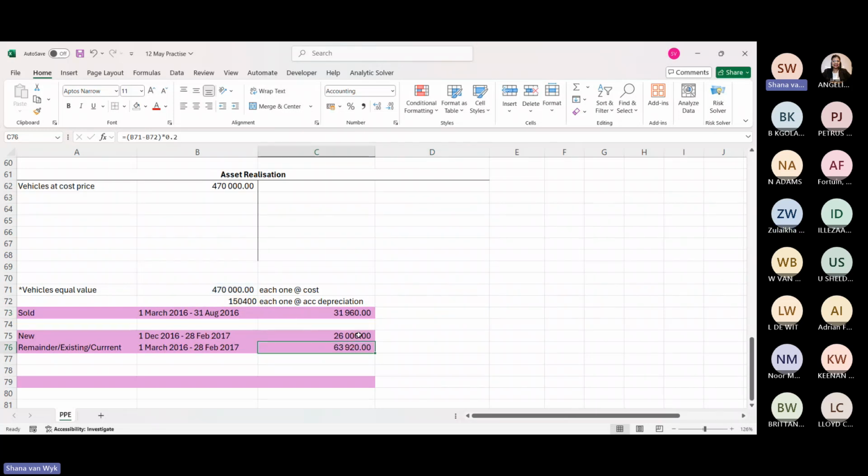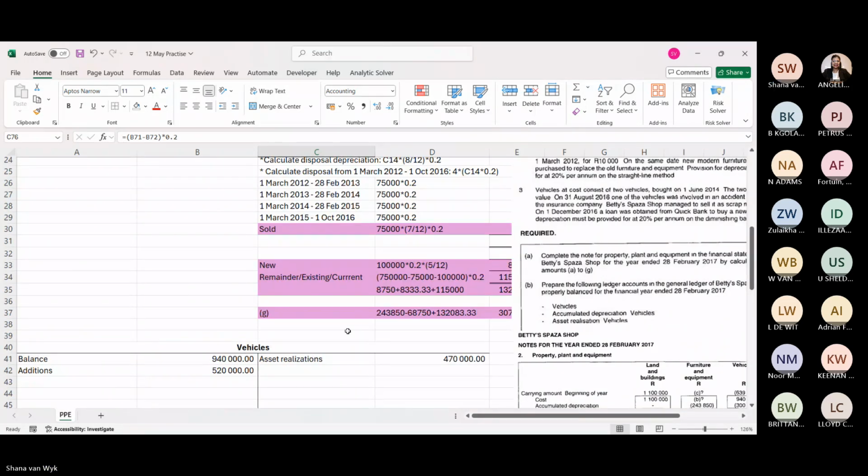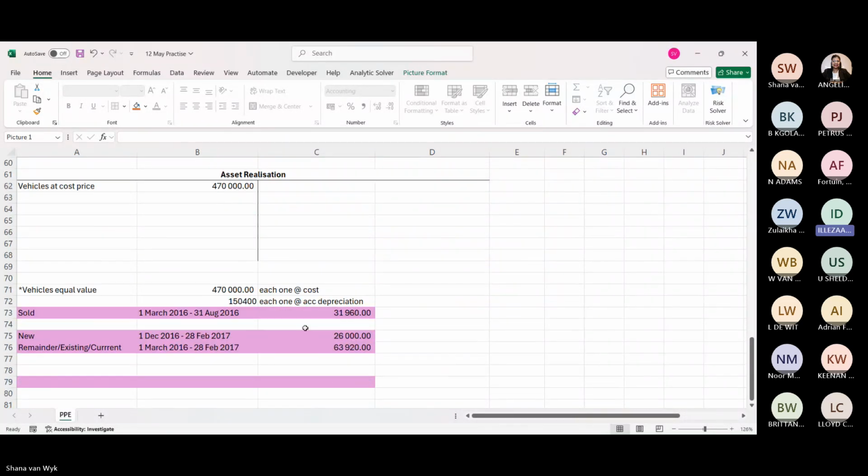Then we have this. What do we do now? Current year. Shauna, it's basically like the previous one we did. It's just two vehicles. You need to work out the current depreciation. Yeah, but it's basically like the previous example.